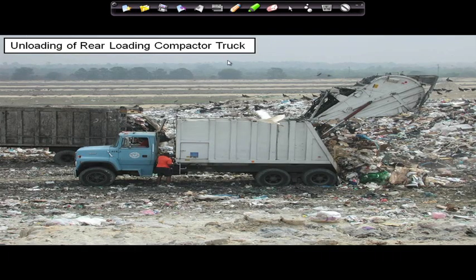So in terms of this rear loading compactor truck, if you remember from the previous module, we talked about how, when the garbage gets collected, it gets loaded from the back and then compacted into this truck. Now at the disposal site, since we have to uncompact it, we have to bring it back.